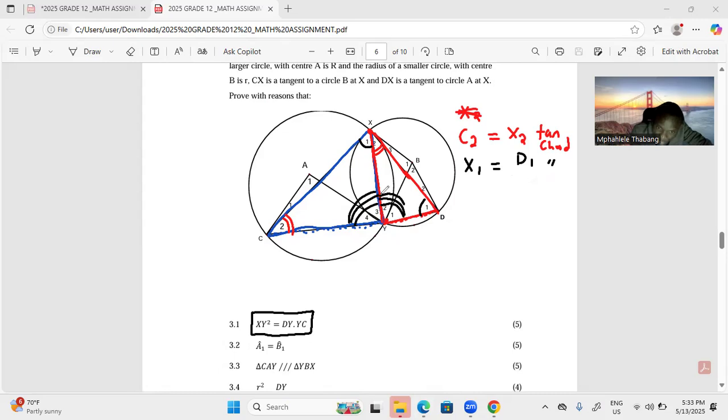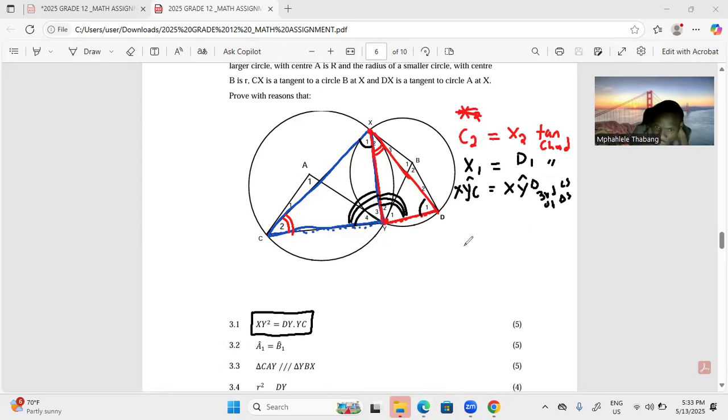This is the third angle of a triangle. Or you can call it XYC and say it equals XYD. Reason is the third angles of triangles. Which means we have proven that the triangles are similar.